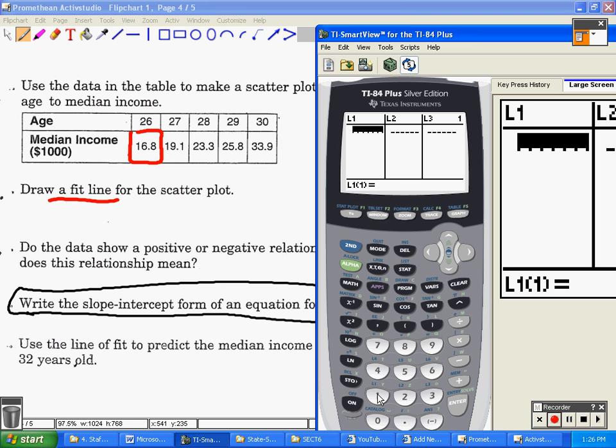Remember, my L1s are my X's, my L2s are my Y's. I'm just going to simply put in my numbers.